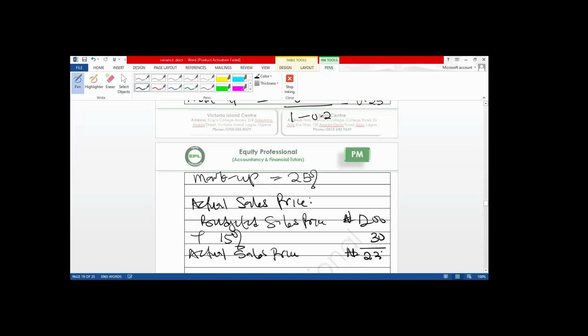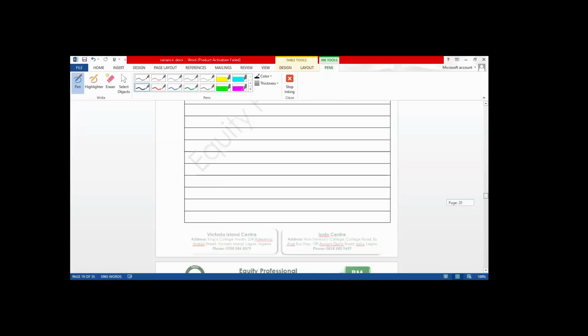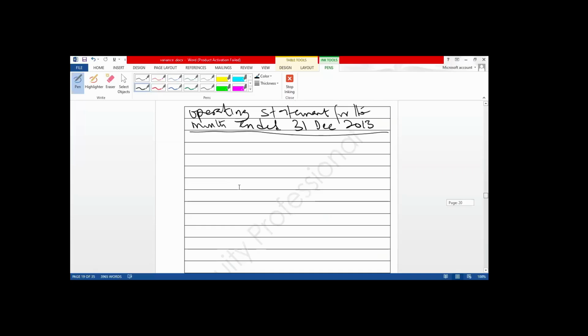This working is compulsory. Selling price per actual. You can now quickly do your statement. Naira sign. Sales value. We sold 19,000 at 230.